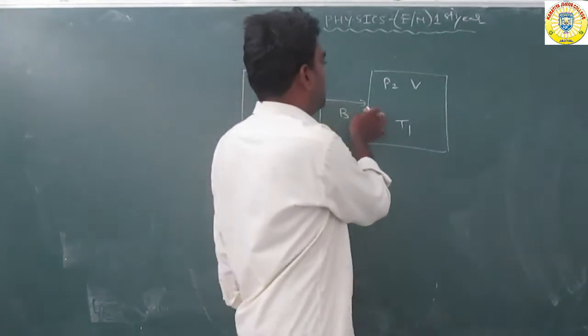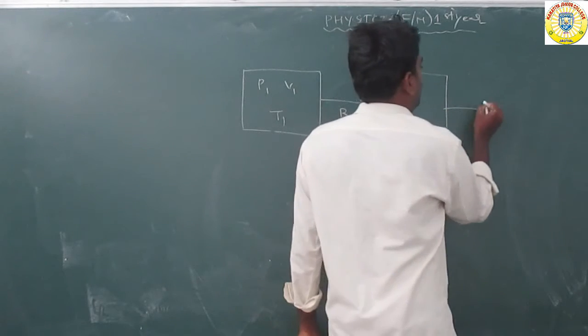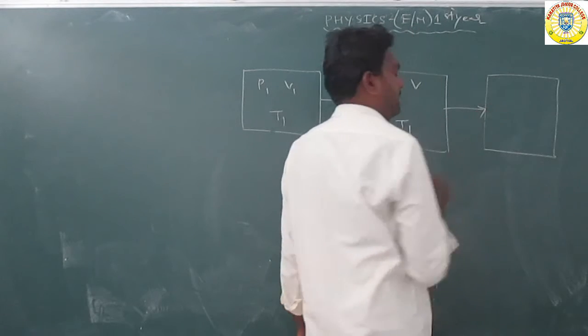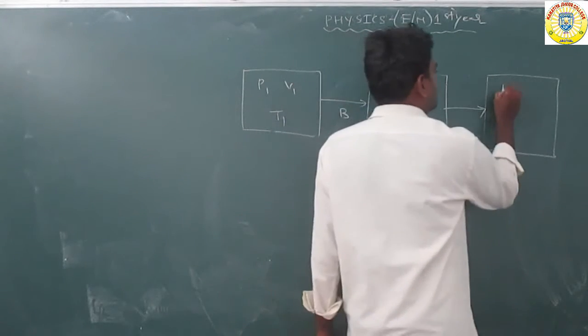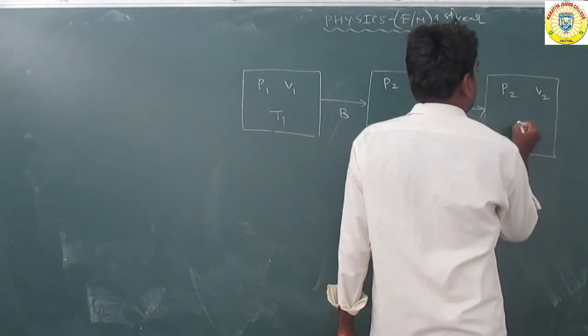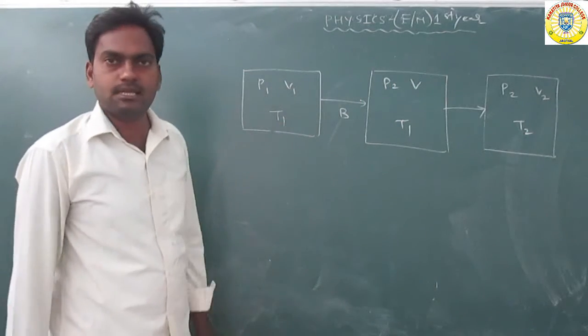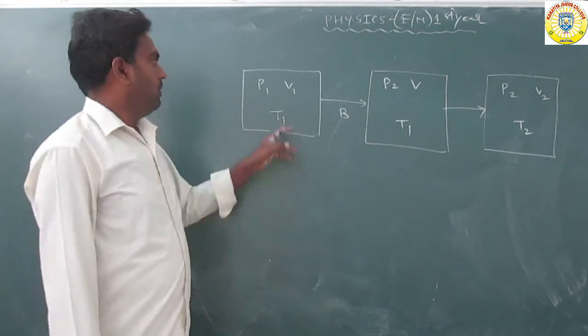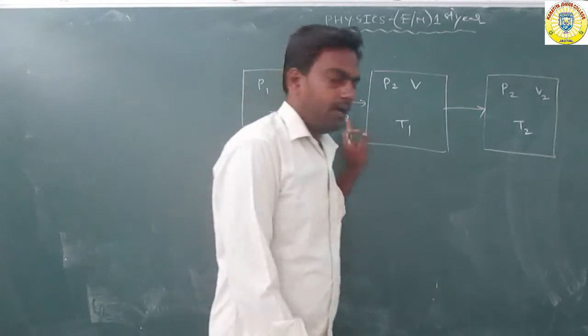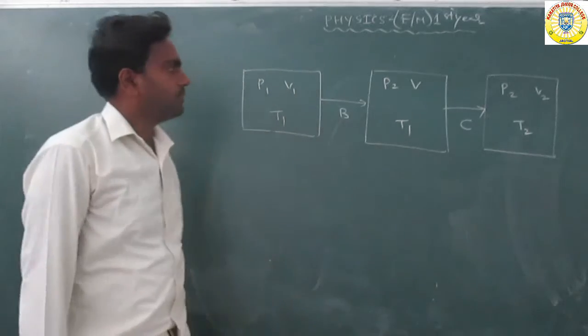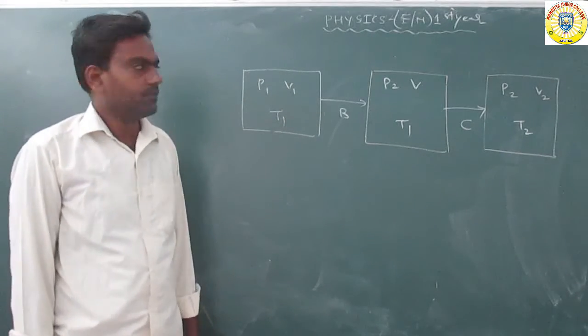This is called the initial stage. The final stage is P2, V2 and T2. Here Boyle's law is obeyed first, and then Charles' law is obeyed at a constant pressure.